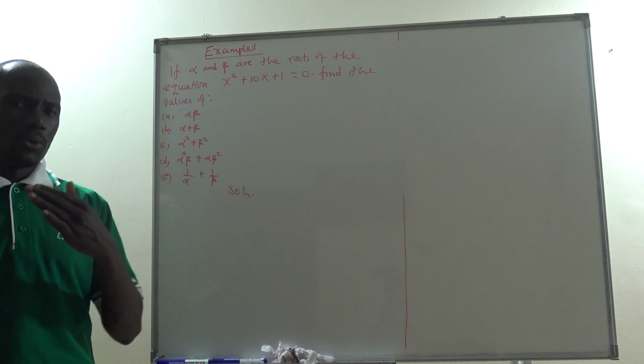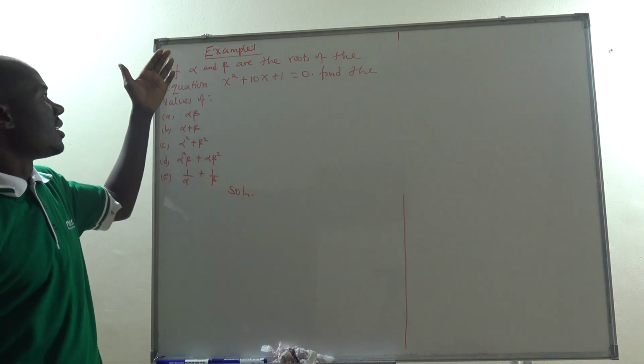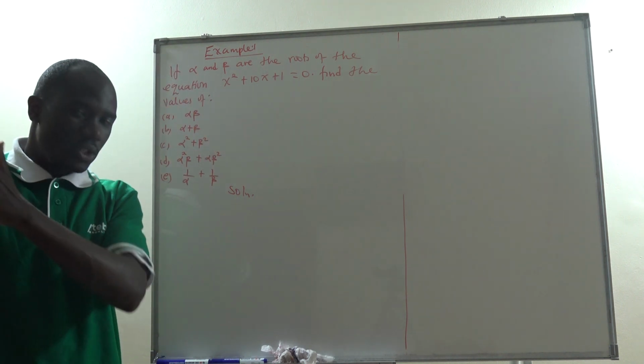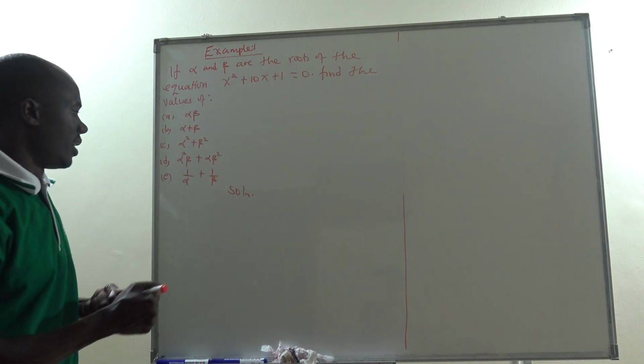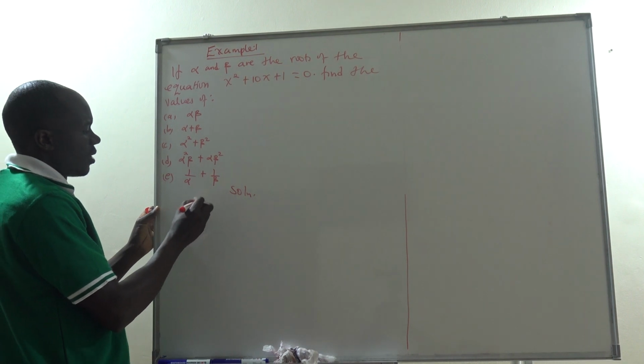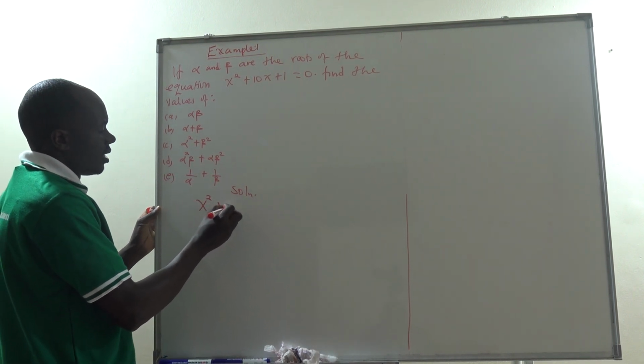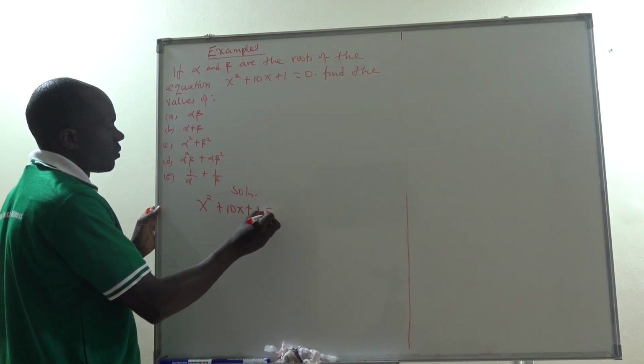Before we proceed, note that alpha and beta are the roots, and our quadratic equation is already given as x squared plus 10x plus 1 equals 0.